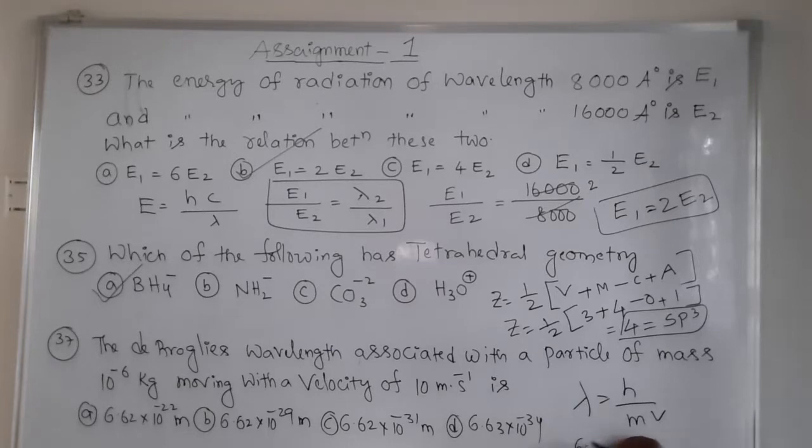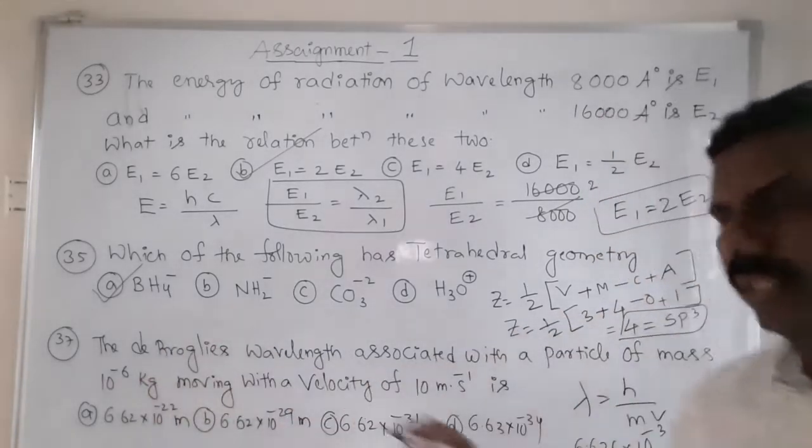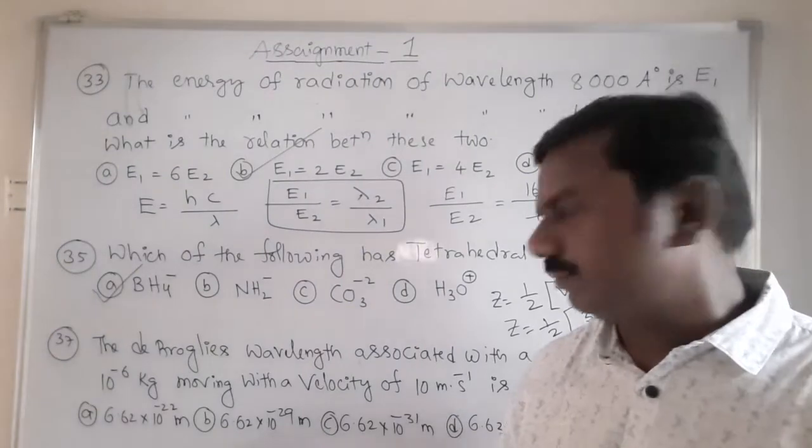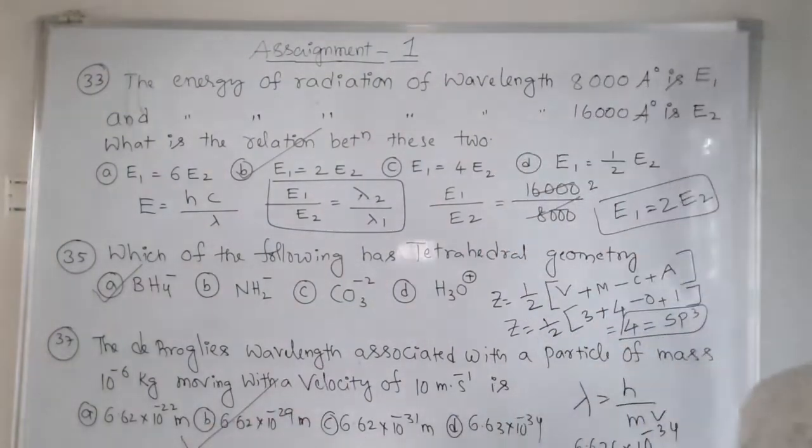Where h is equal to 6.626 into 10 to the power of minus 34, by mass given 10 power minus 6 kg into velocity given 10 meters per second. Once you solve this, 10 to the power of minus 5 left here, minus 5 shifted to numerator becomes plus 5. Plus 5 means 10 to the power of minus 20. Option B correct, students.